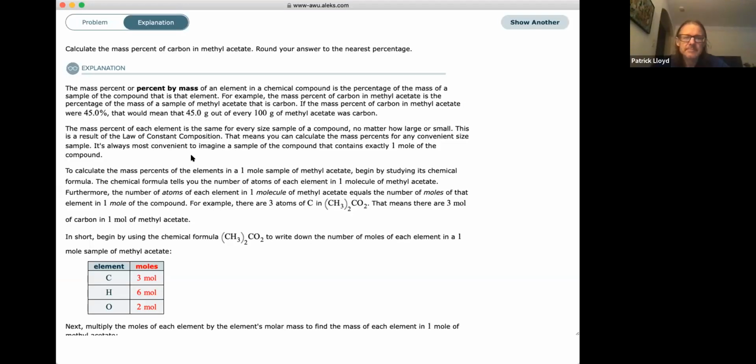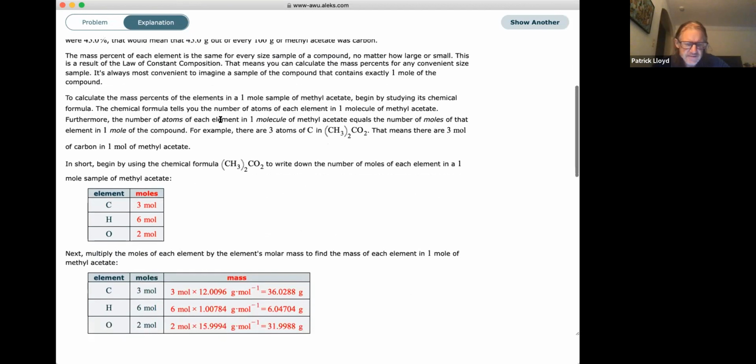Let's stop share here. Let's take a look at their explanation. I just want to show you. They give a little explanation. So let me share the screen here. See that one? All I did was click on explanation, and that gives me an explanation. They give slightly different descriptions of things than I do, but that's fine. We're looking at the same thing.